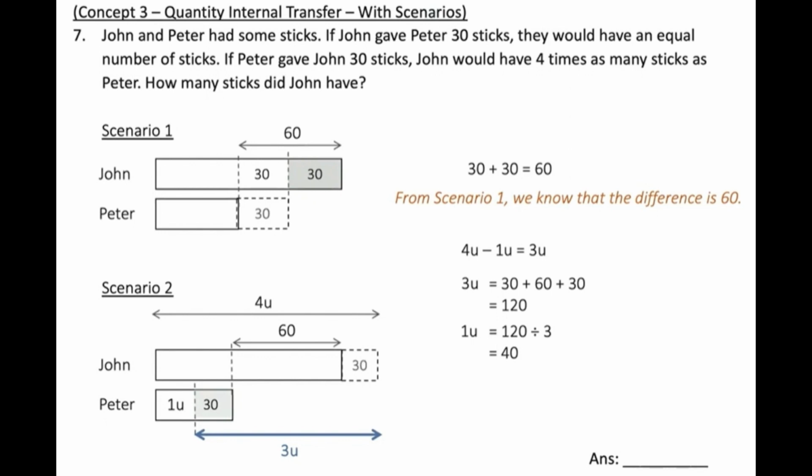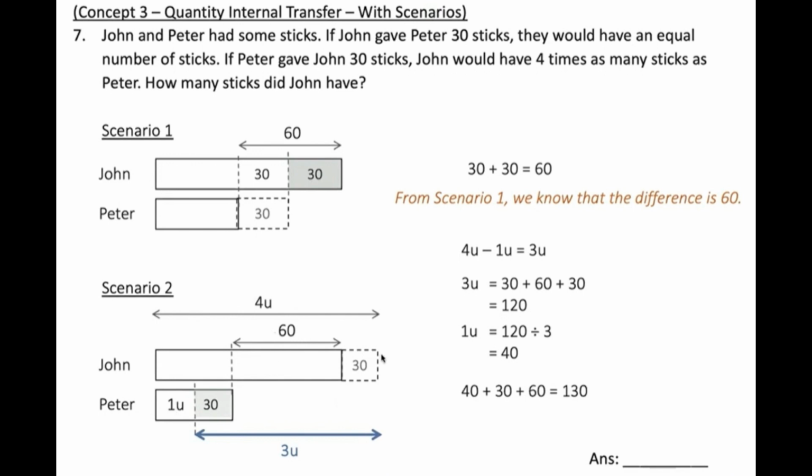You're asking how many sticks did John have? Let's see, 40. Okay, I can do 4 units. Okay, so the solution here is 40 plus 30 plus 60.